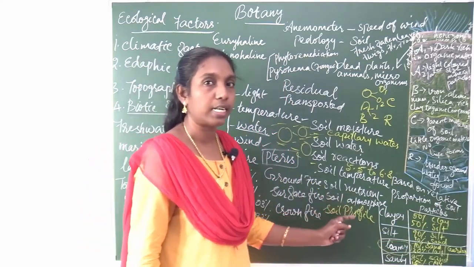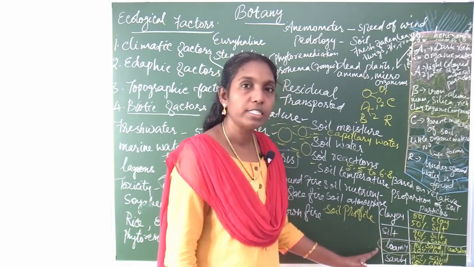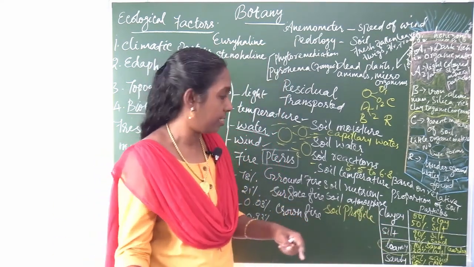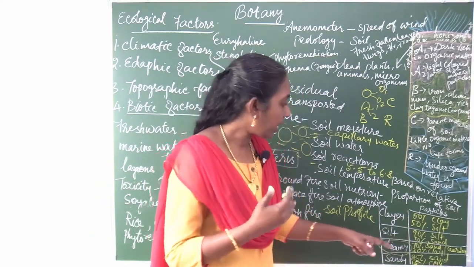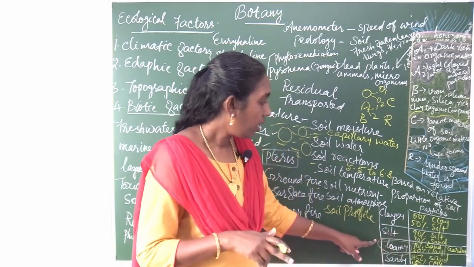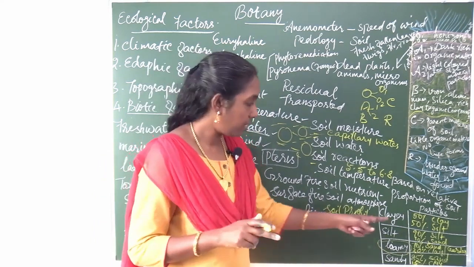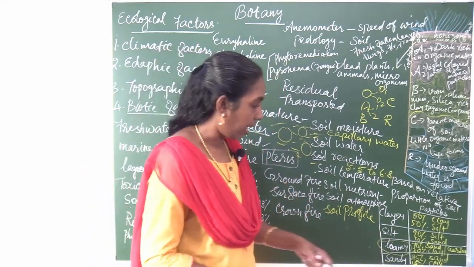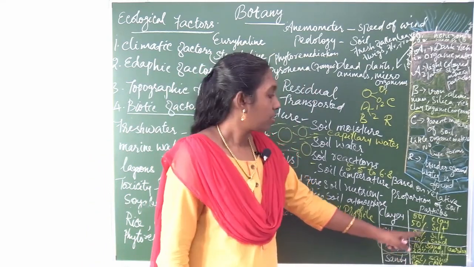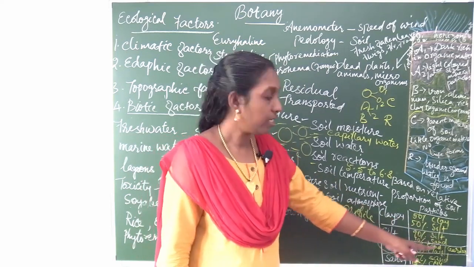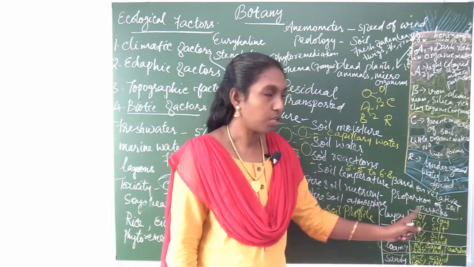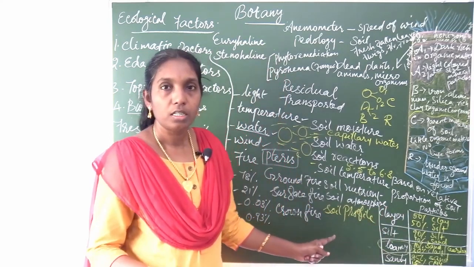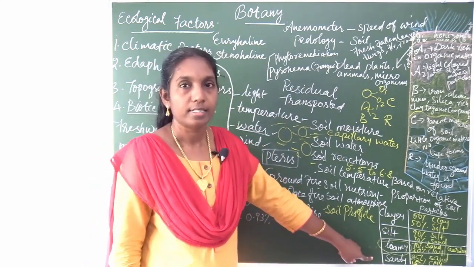What is the proportion of each? Clay soil contains 50% clay and 50% silt. Silt soil contains 90% silt and 10% sand. Loamy soil, 70% sand and 30% clay. Sandy soil has 85% sand and 15% clay. Sometimes they may ask a one word question on this proportion, so prepare it well. Based on the relative proportion of soil particles, the soil is classified into clay soil, silt soil, loamy soil and sandy soil.